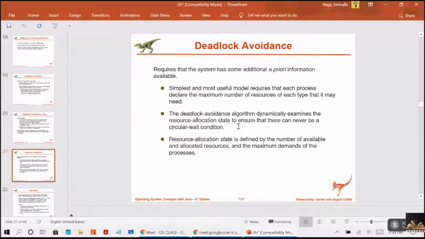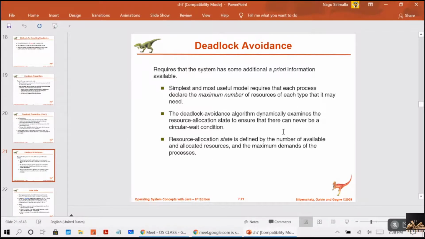Whenever a process requests a resource, it will check whether it is leading to a circular wait or not. If it is leading to a circular wait, then it will not allow the process to use the resource. That means the resource is not allocated to the process.